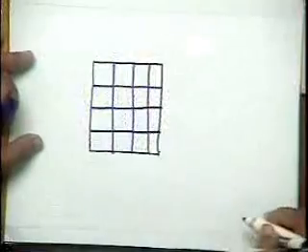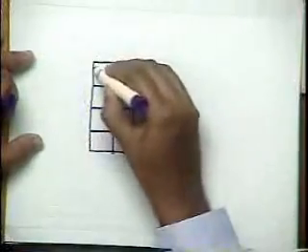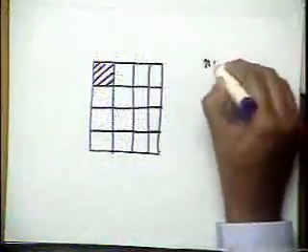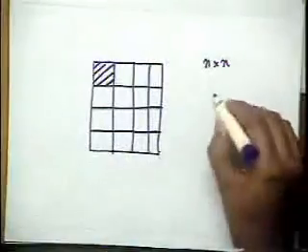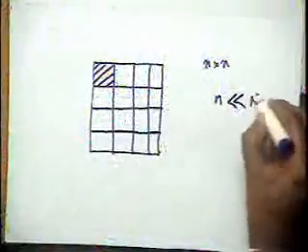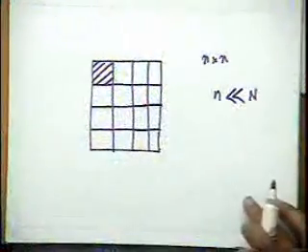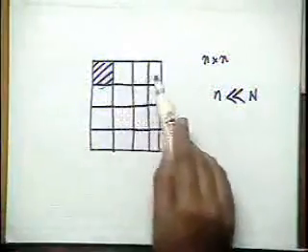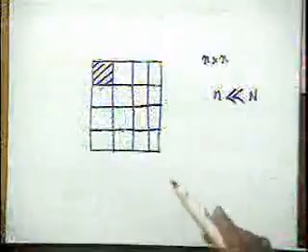Supposing we make some zonal partitions like this, and we consider the individual zones, where each consists of some n by n number of pixels, where n is sufficiently less compared to capital N, the size of the image. So we are considering a small zone, and we are separating the image into several such small zones.